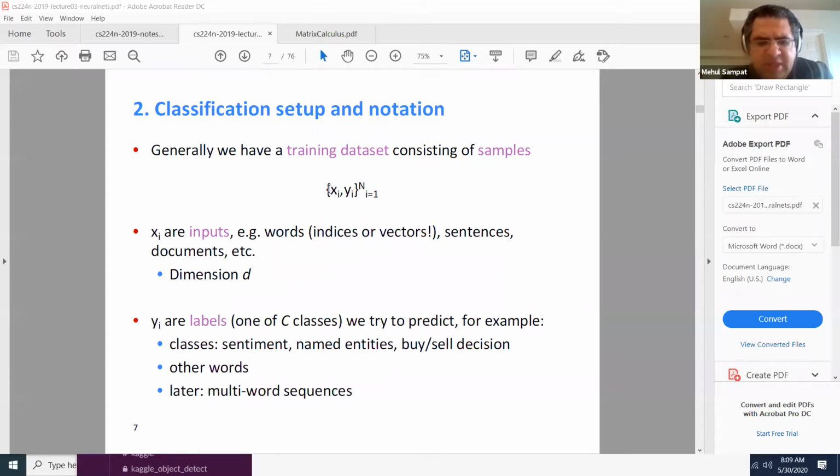This setup works for many domains. Say you're classifying flowers: x_i could be properties of the flowers, like the number of petals, the length and size of the petals, and so on, and then y_i would be the class. So this is a very general formulation, and maybe the key part here is that the x_i, the input, has some dimension d.